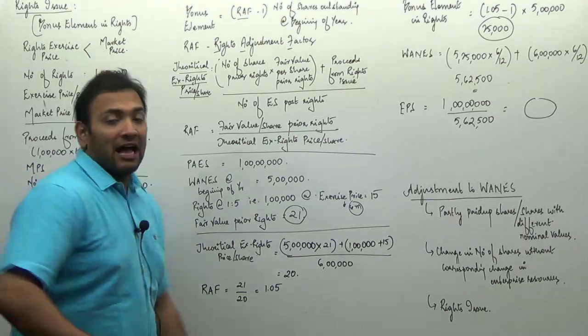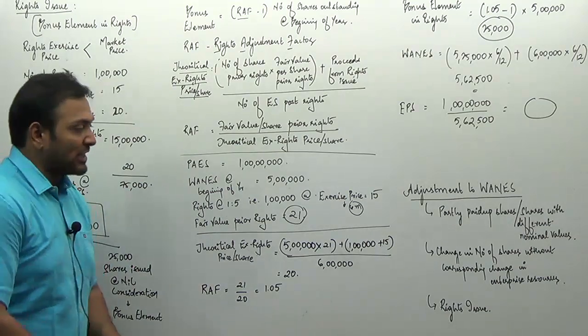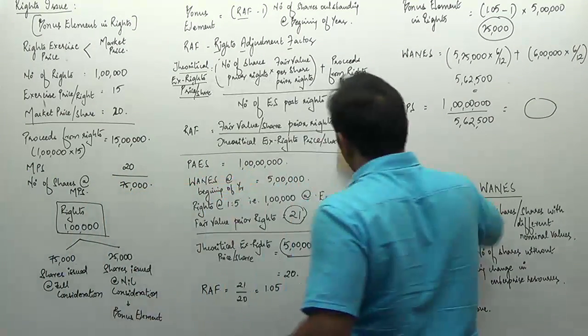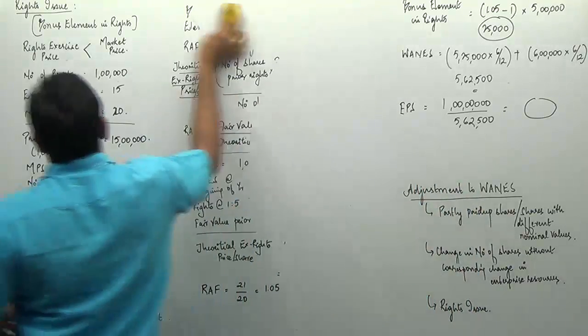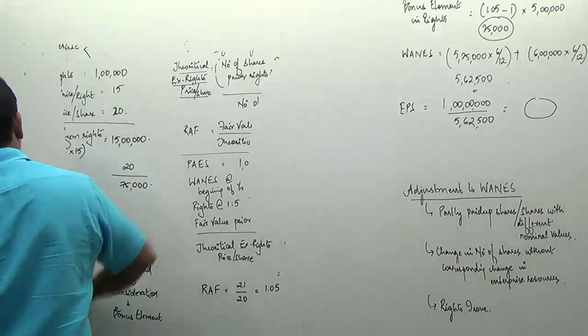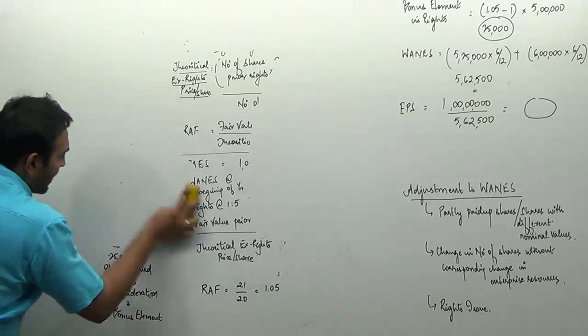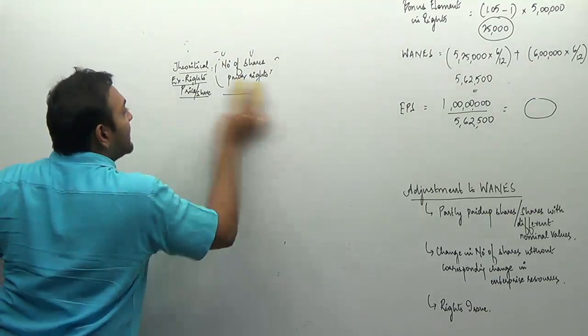Yes guys, this is all we have for computation of basic EPS. So we have seen the numerator and the denominator part, and we had 3 adjustments as well. Now we'll have to think about the second part of EPS that we said is called diluted EPS.